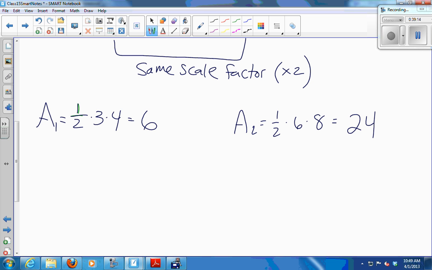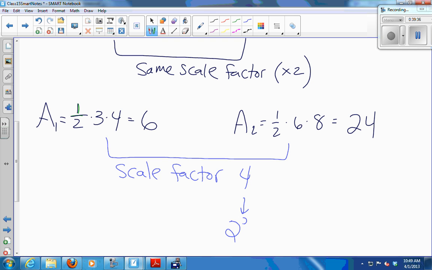So not times 2, but raised to the 2. So my area has scale factor 4, right? 6 times 4 gives me 24. And the 4 came from taking my original scale factor and squaring it.